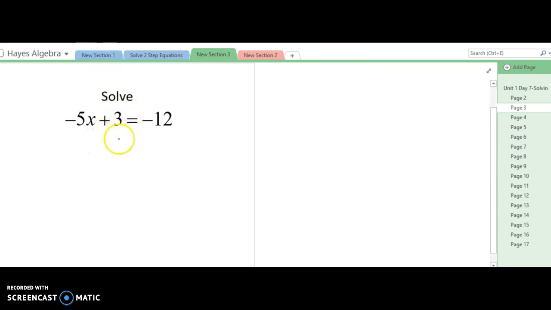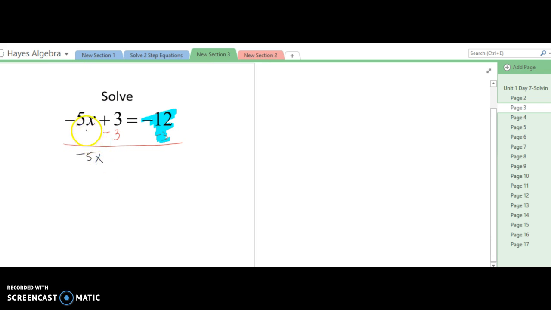Now the next one, not much different. What do I have to get rid of first? The 3. How do I get rid of it? I subtract it. But again, what we have to keep in mind here is the signs. What is negative 12 minus 3 going to give me?